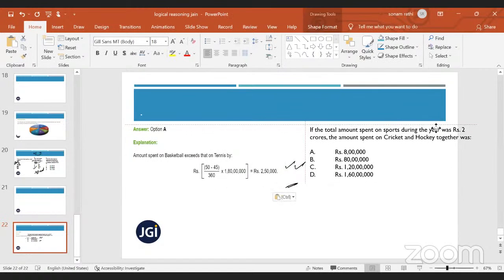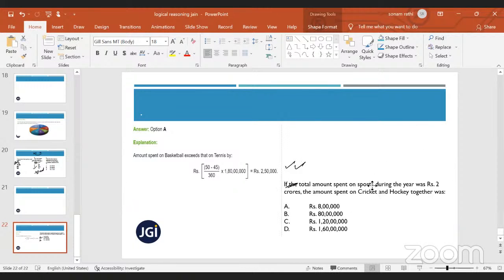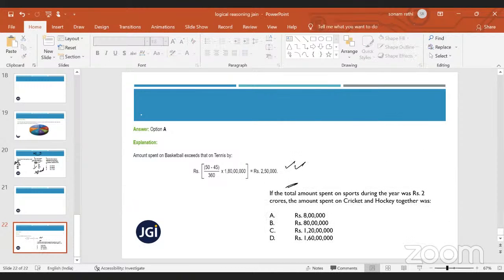One last question on this. If the total amount spent on sports during the year was 2 crores, the amount spent on cricket and hockey together. So what is cricket and hockey together?